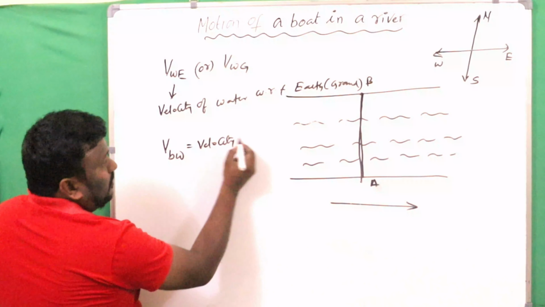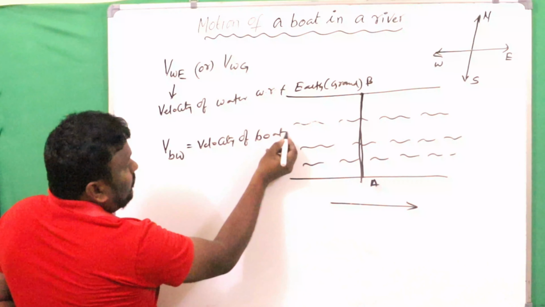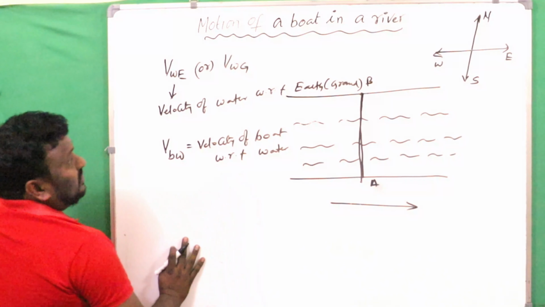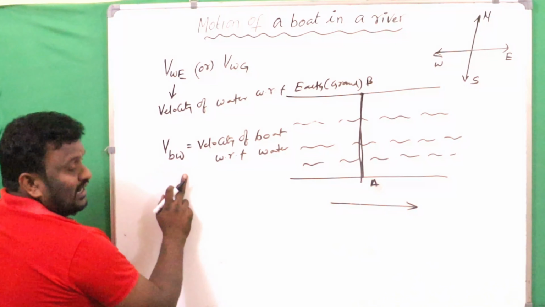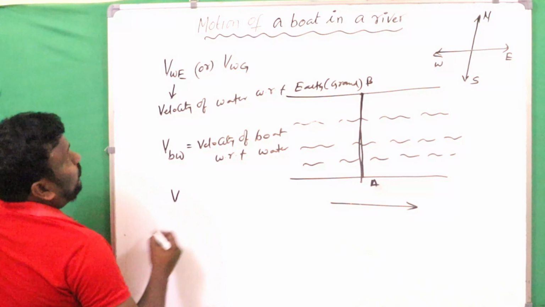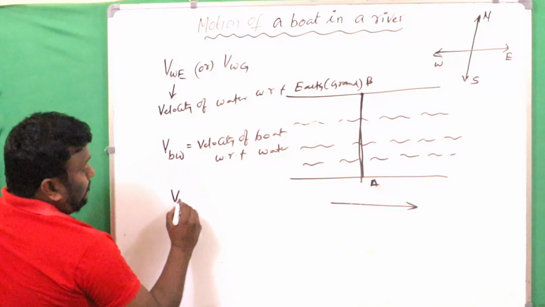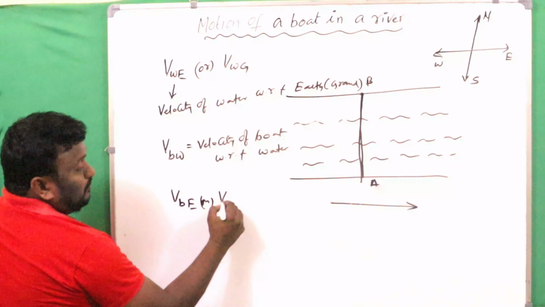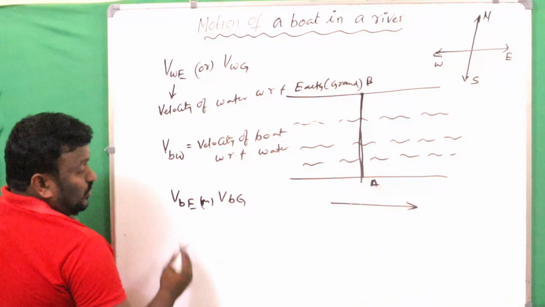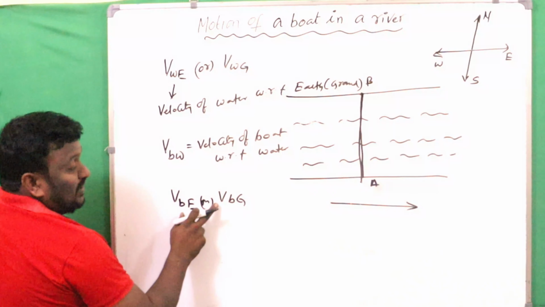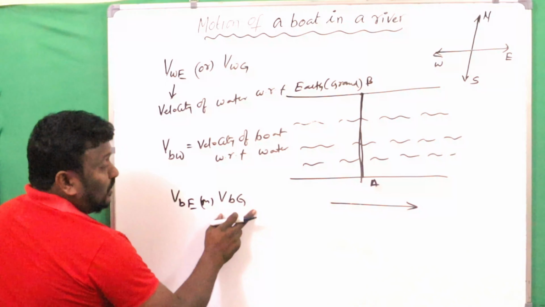And next is VBE, or VBG, the velocity of boat with respect to earth or ground.